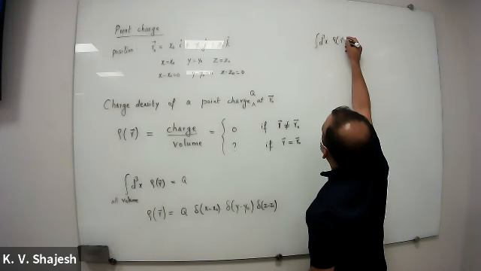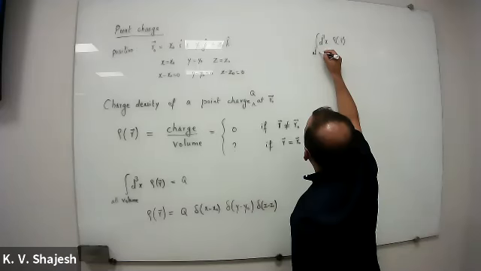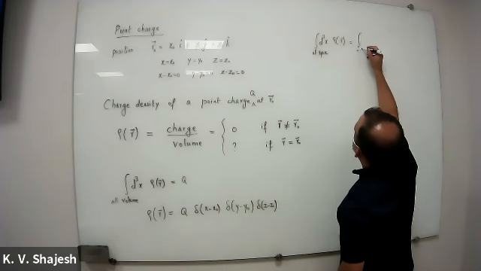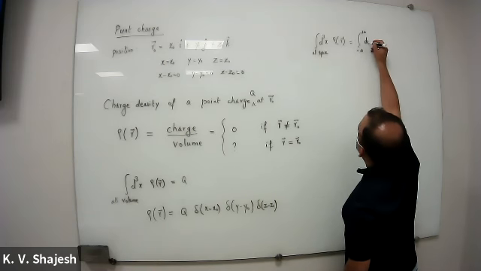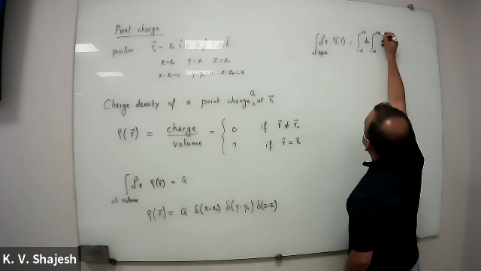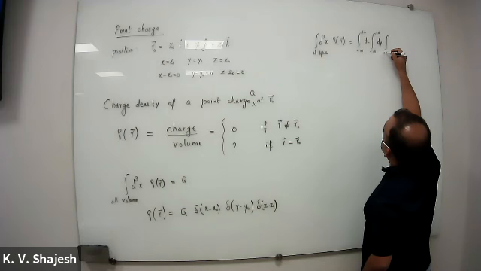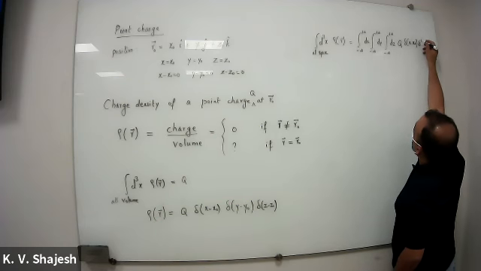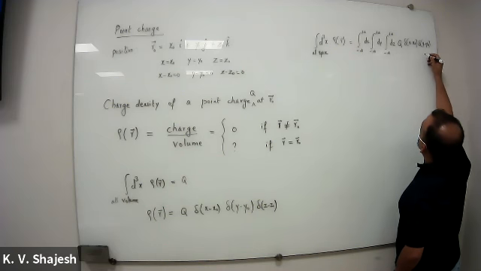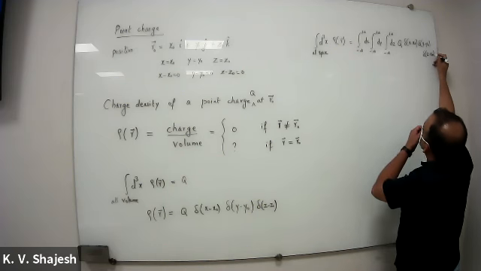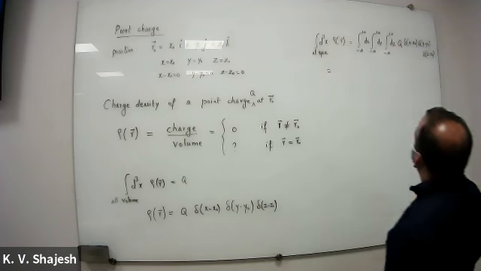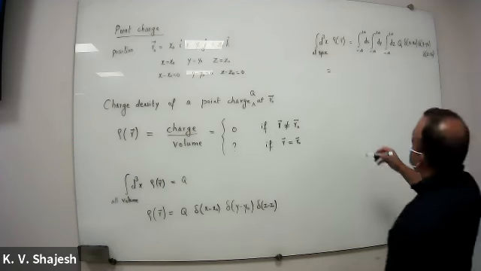The charge over all volume, all space, is the integral from minus infinity to plus infinity dx, minus infinity to plus infinity dy, minus infinity to plus infinity dz, times Q times delta of x minus x naught, delta of y minus y naught, times delta of z minus z naught. Immediately you should see that this is actually equal to Q, but let me explicitly do this.